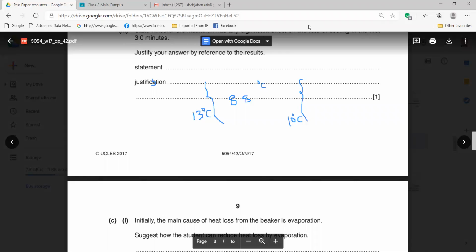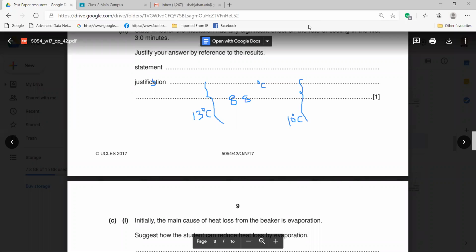Yes. So with insulation, there is less heat loss. That's why there is less temperature fall, right? Yes. With insulation, we have a 10 degrees Celsius difference, right? So with insulation, there is less heat loss. That's why there is less temperature fall.